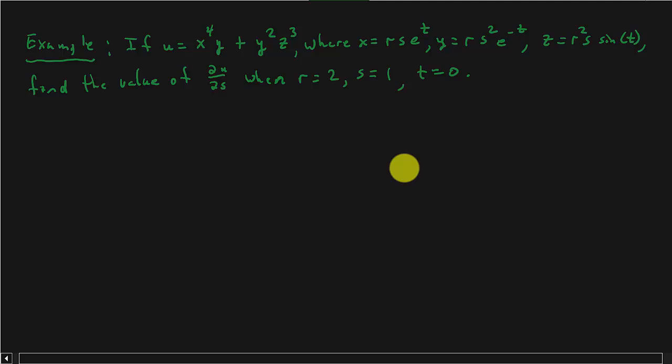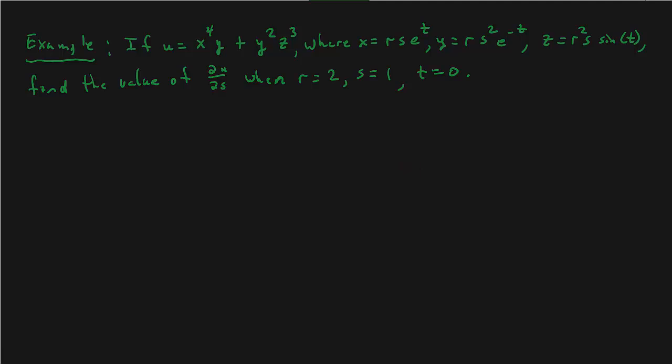Find the value of the partial of u with respect to s when r equals 2, s equals 1, and t equals 0. All right.